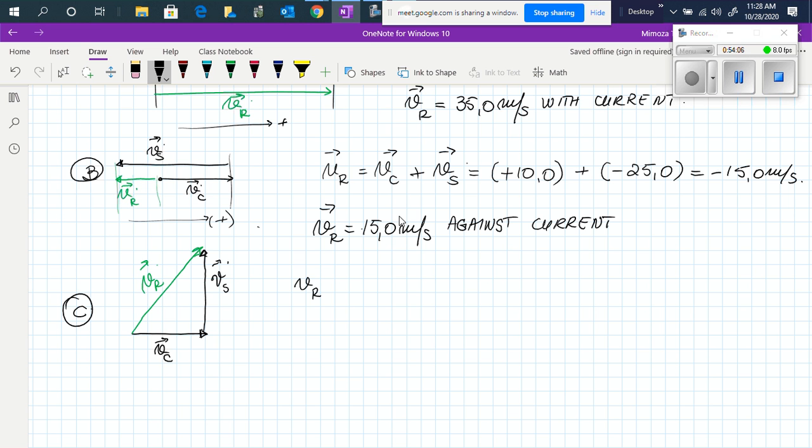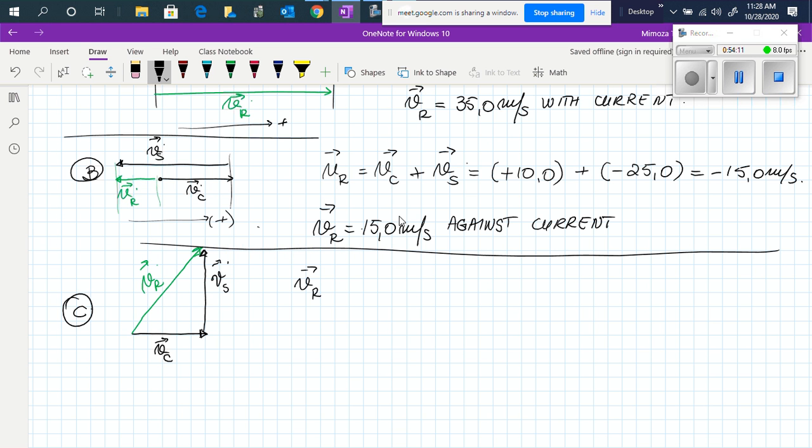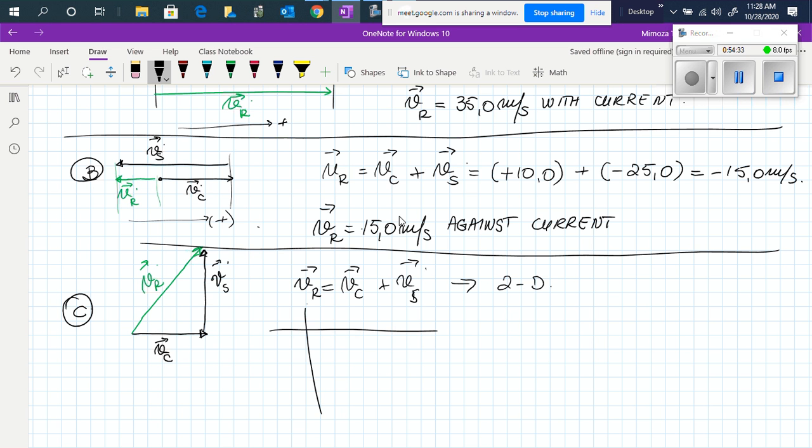Therefore, again, the resultant velocity, I'm not changing anything in terms of the mathematics. How do we start mathematically solving it? This is what we have. The resultant velocity is the velocity of the current plus the velocity of the swimmer. In a difference from the first two cases, this is a two-dimensional one, and we will solve it using components.